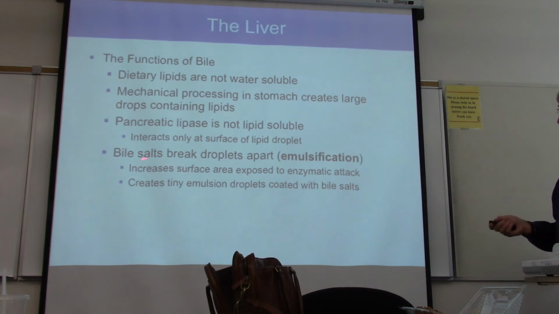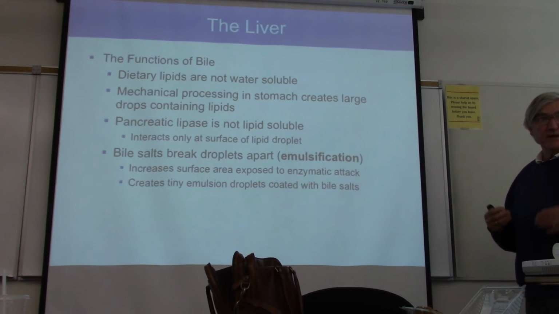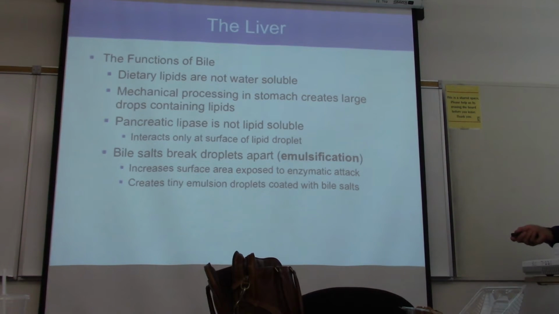But then it needs the bile that mixes in down here in the duodenum to further break those droplets apart and really emulsify the fat. So now it's in tiny, tiny little droplets. That increases the surface area, and allows the lipases that are there to really get at the fats and break them down and eat them up. That's really the function of bile salts.